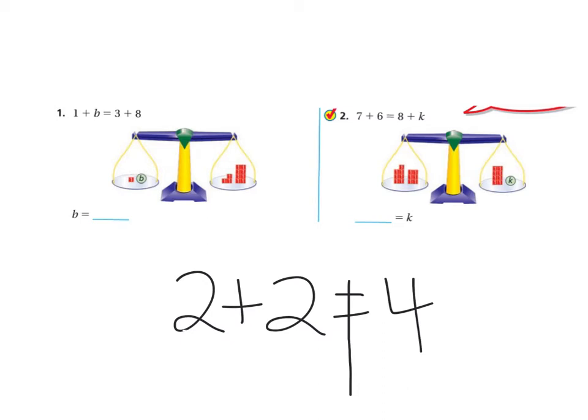If you look at the problems on this page, it's pretty simple math. They put it in the form of a picture, but you probably don't even need the picture to understand. The first problem says 1 plus b equals 3 plus 8, so b is your variable, your unknown. You're trying to solve for b.